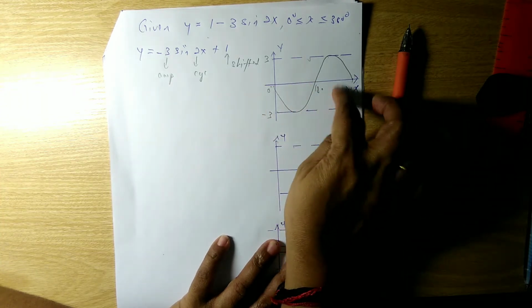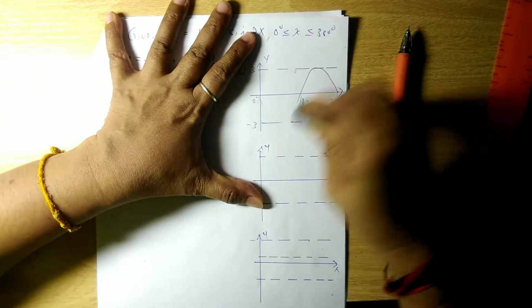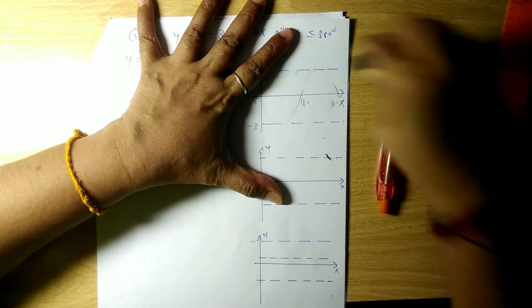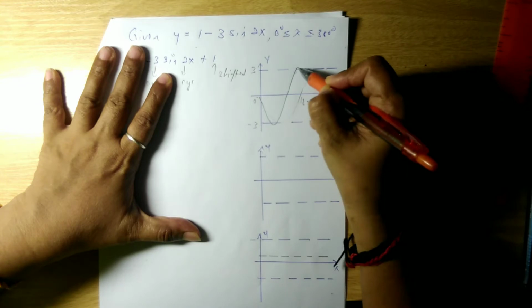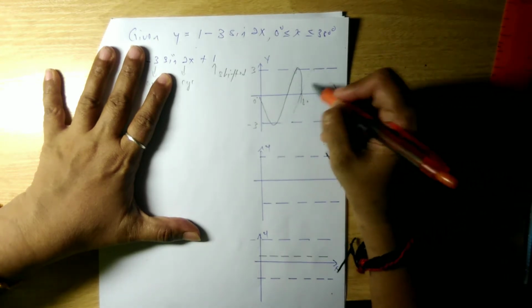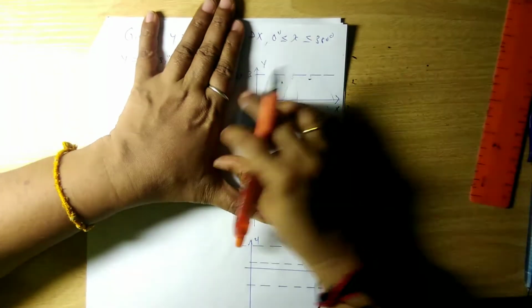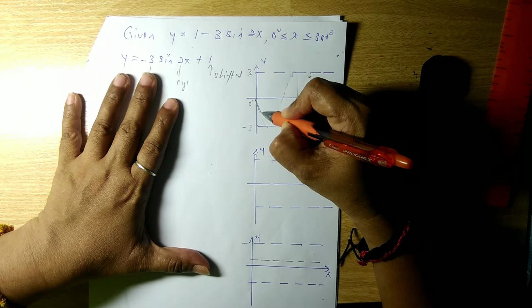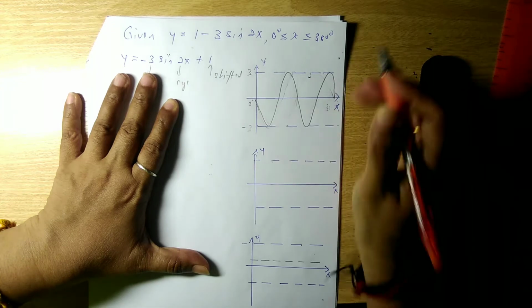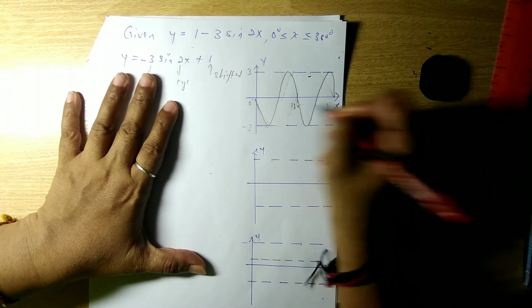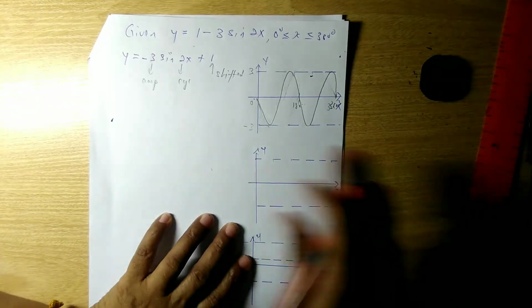So we alter this, and you'll get something like this. This is 180 and this is 360 degrees. That's how the graph looks: 2 cycles, and it's inverted.